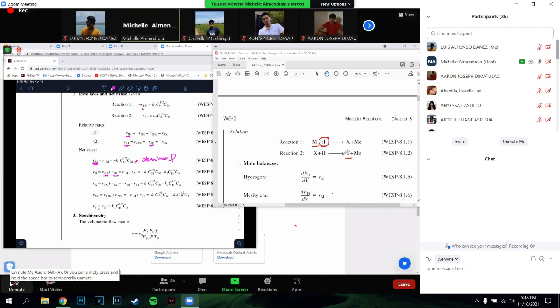And also the rate of hydrogen consumption in reaction 2, and you just have to express that rate of hydrogen in reaction 2 as the same as the rate of the undesired product, because usually the rate of the undesired product formation is given.